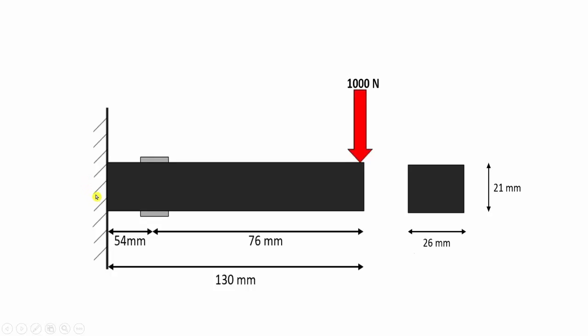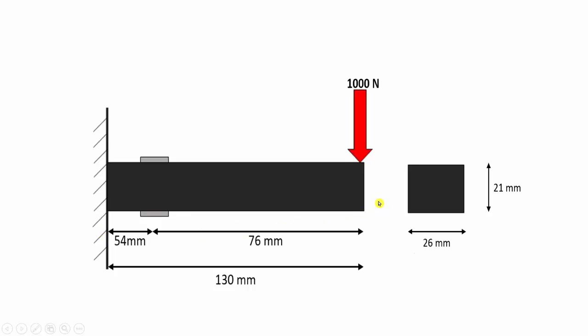That is, we will restrict X, Y and Z translation. Also, we will be applying load of 1000 Newton in negative Y direction, that is in downward direction. And we will be checking stresses at 76 mm from load or at 54 mm from fixed support.